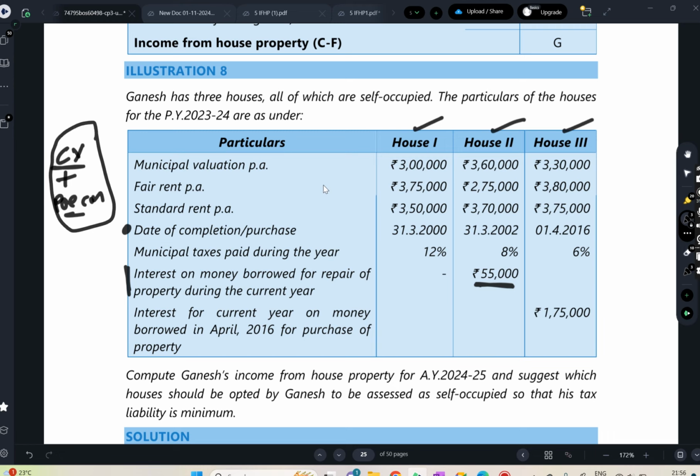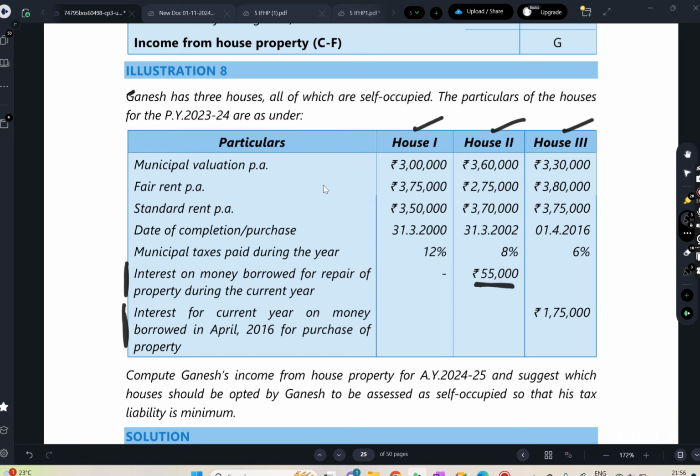Total 2 deductions we will give. If it is a let out property, no ceiling limit. If it is a self-occupied property, we will limit it to 2 lakhs. So if there is any past year pre-construction interest, we will give that. So this one and then this one.